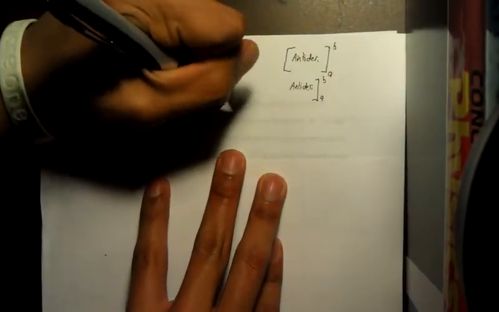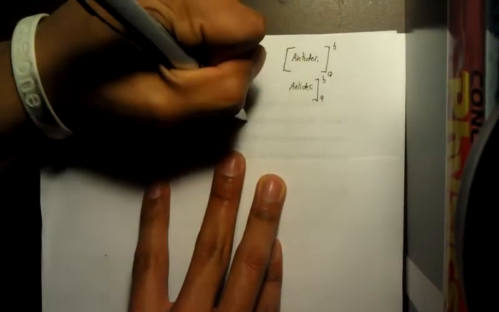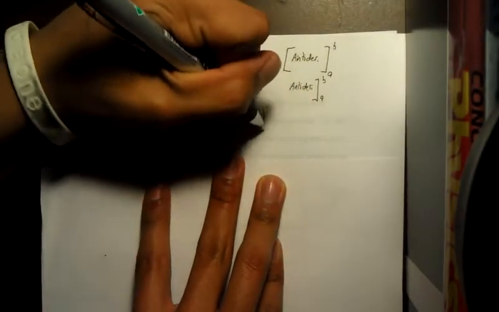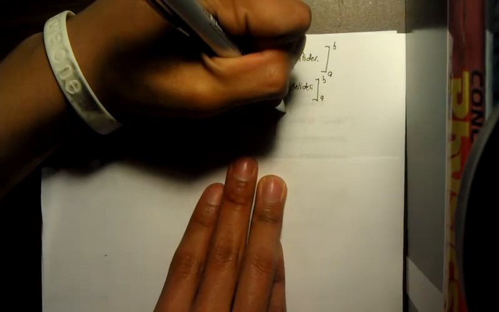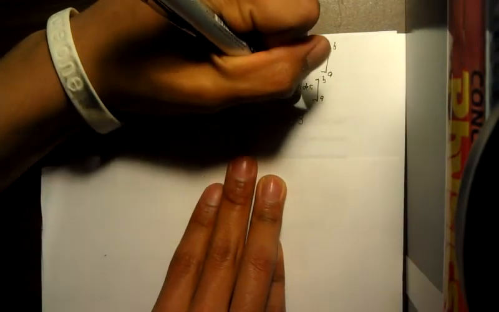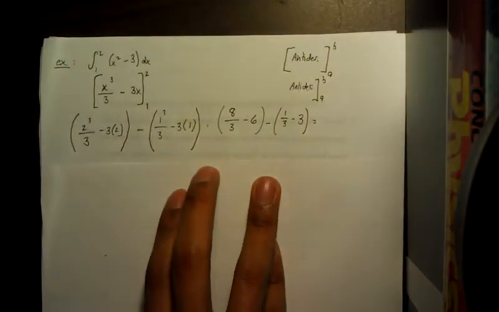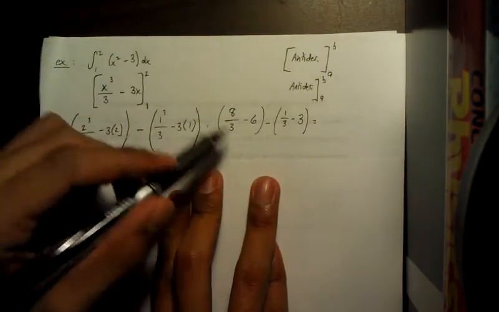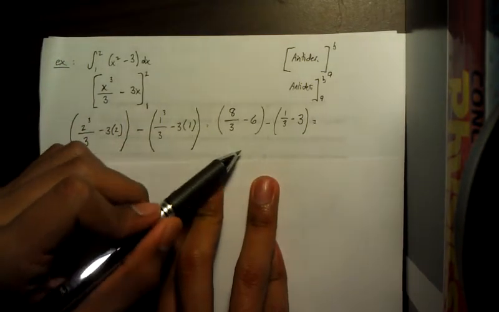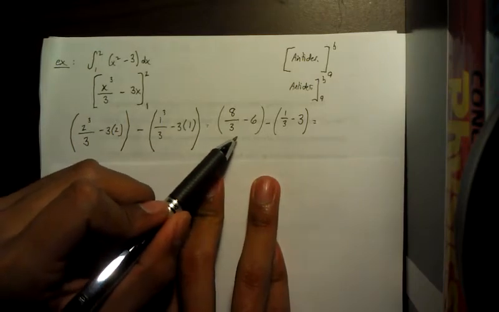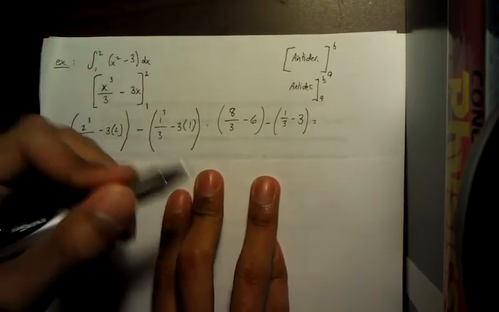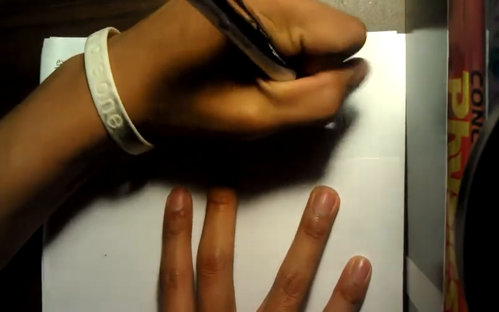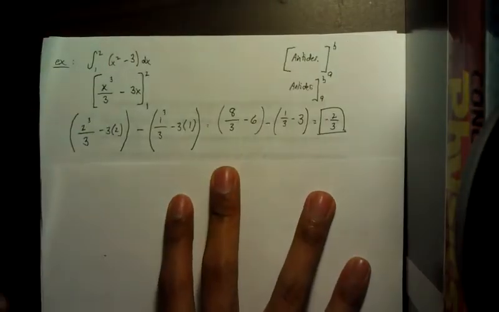Do a little bit of simplification, and you get 8/3 minus 6 minus 1/3 minus 3. And after you do all of the common denominators and everything, your integral comes out to be negative 2/3.